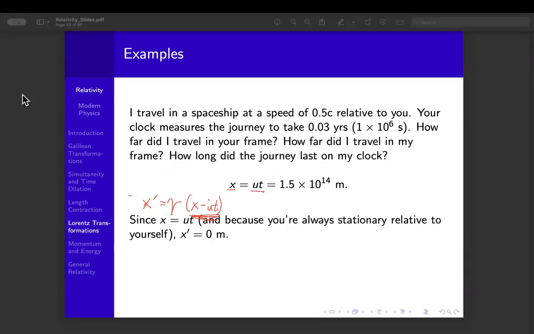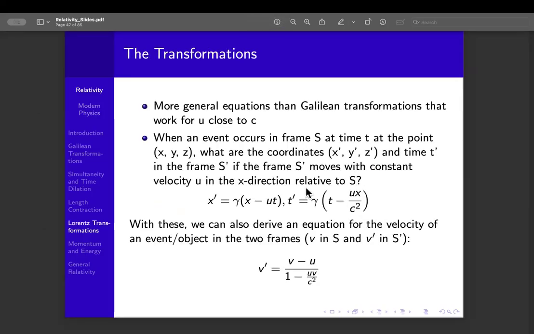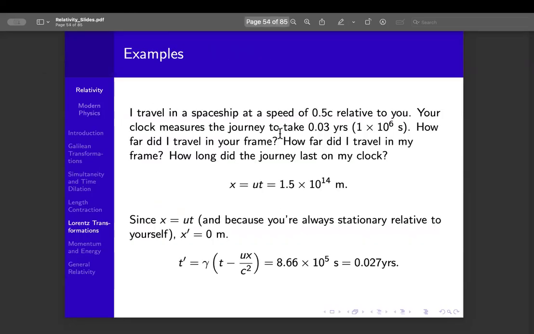And then if I want to figure out how long the journey took for me, I would still obviously perceive some measure of time. To do that, I would be looking for t prime. In order to find t prime, we go back a couple of slides to that second equation. If I plug in the numbers there, I end up getting 0.027 years, so slightly smaller than 0.03 years.